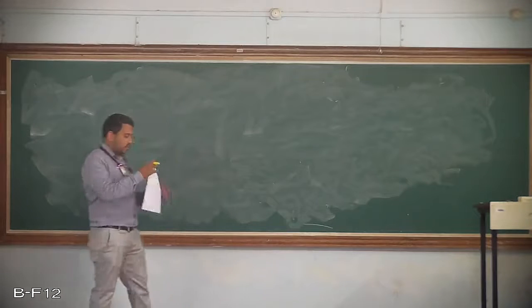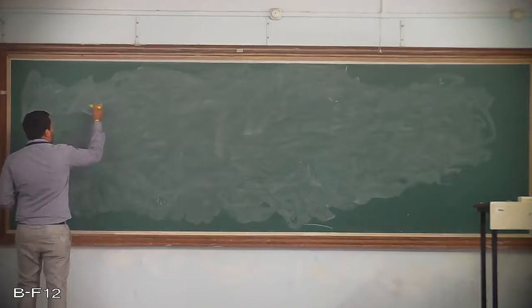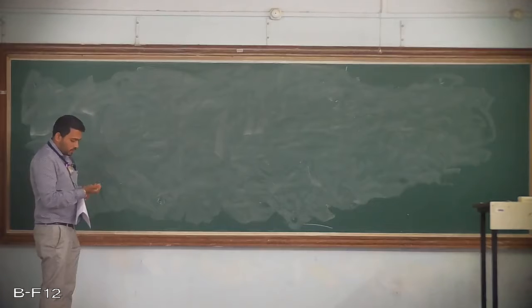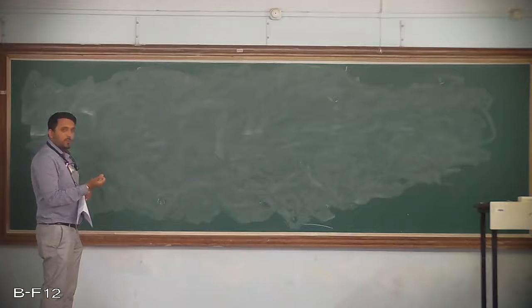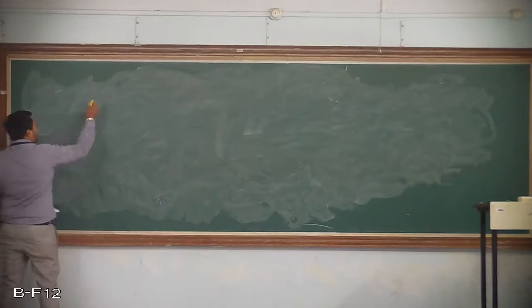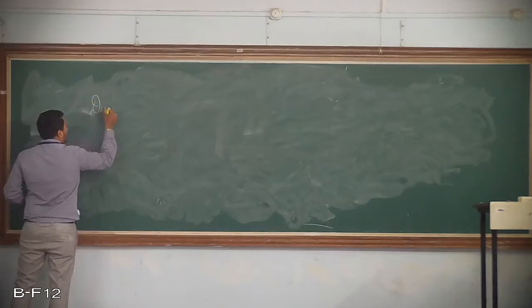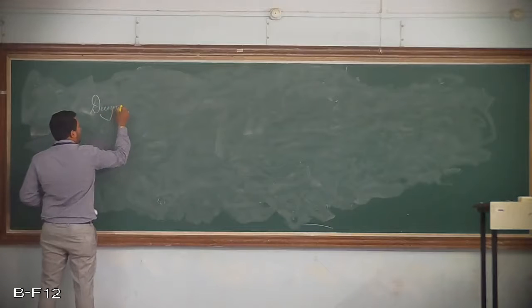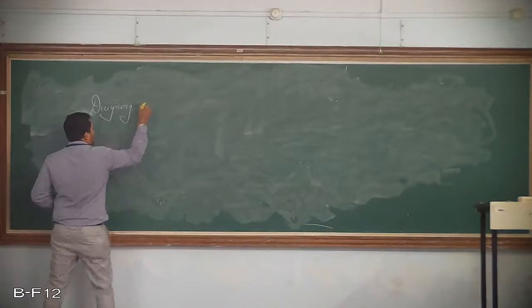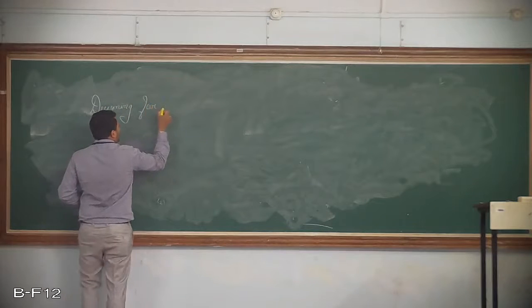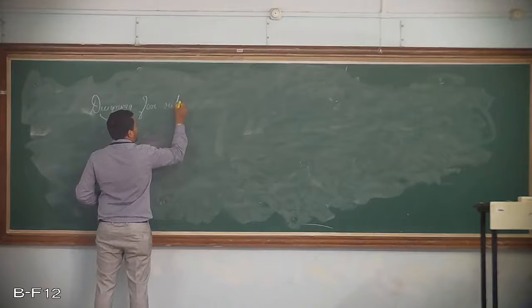So today we'll discuss the points we need to consider for designing a product with respect to reliability. What are the points we need to consider in designing a product for reliability? So we can say it as designing for reliability.